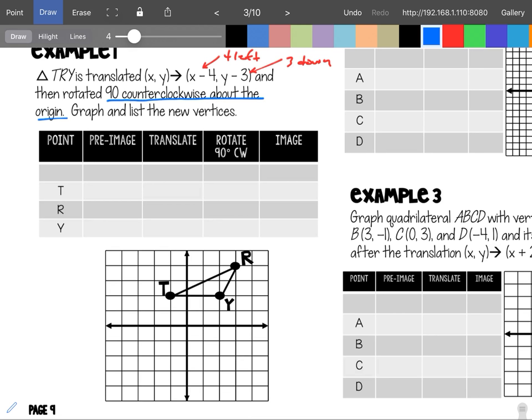Obviously, you're going to get to use your notes. I'm trying to find it still. All right, so rotation, it says 90 degrees counterclockwise. That was the last one that we did. So I'm going to write that rule down so that we have it. Looking back on our rotation page, this means you take x comma y and map it to negative y comma x.